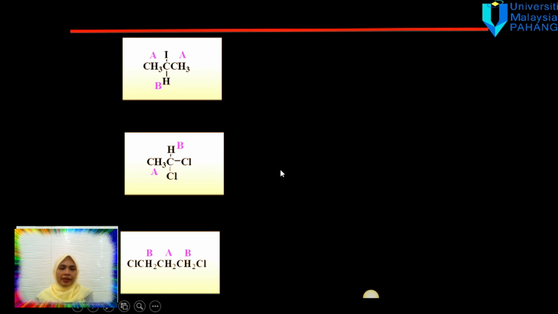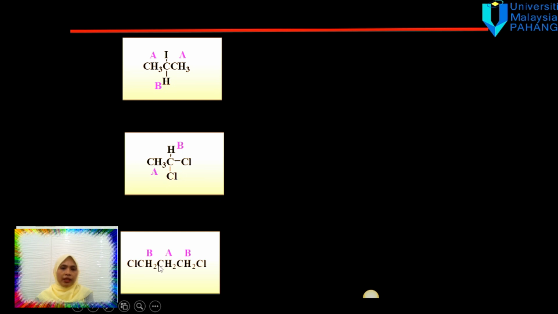Let's try this exercise. How can we identify the number of signals for this example? In this case, the number of signals is 2. This one is the same environment, and this one is a different environment. Total is 2. In this case, this proton has a different environment from this one.